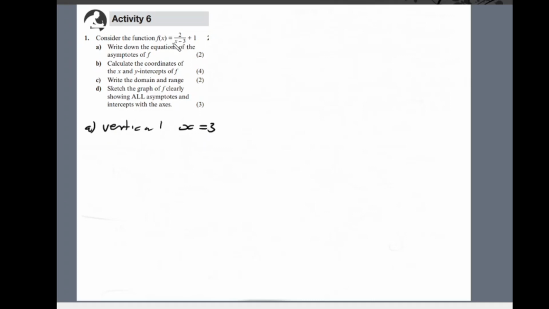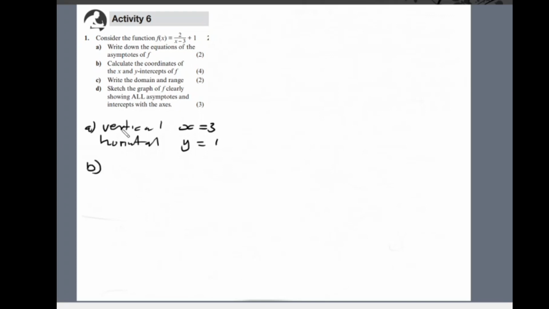Otherwise, if we allow x to be 3, we'll have 3 minus 3 in the denominator, which will be 0, and we cannot have 0 in that denominator. And we know our horizontal asymptote is the line y equals 1, right?